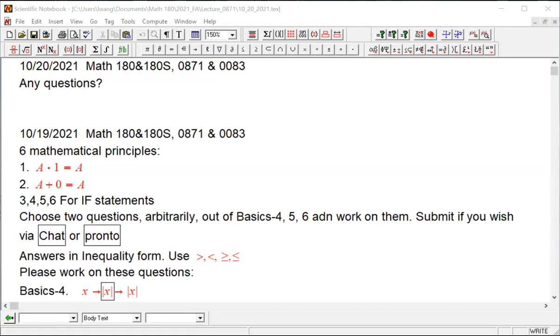All right, good morning. We covered basic 4, 5, 6, and with those in mind and the basic properties of absolute value functions and the different aspects we have covered, today we're just going to cover basic 7a and then move on from there.